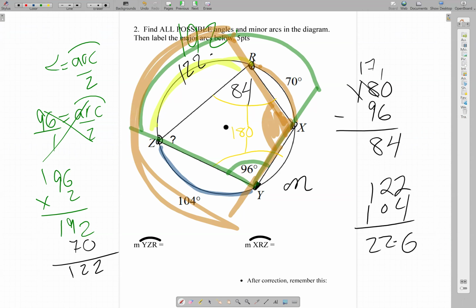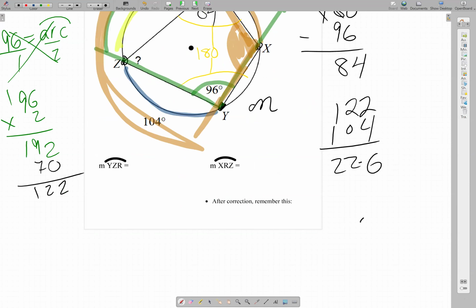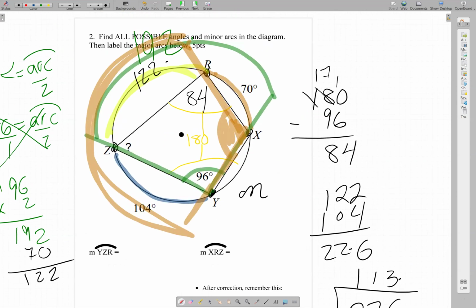And then half of that, 226, is going to be 113. So I just found this angle right here. Once again, they add up to 180. So I take 180 minus 113.